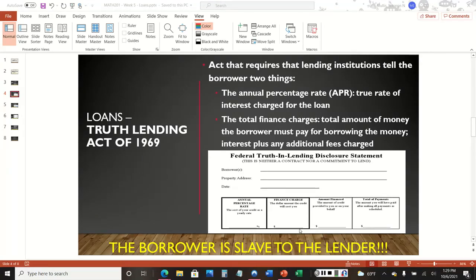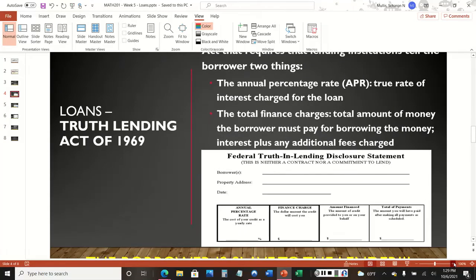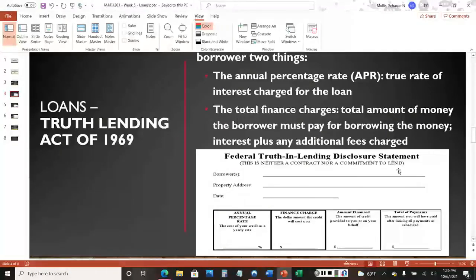So as you can see in this example I have, let me make it a little bit bigger. You can see this is the top of a Truth in Lending disclosure statement. So you see you have the borrower's name, you have their address, the date of the loan or the origination date, and then these are the 2 things. You see the 2 things in the bold black boxes.